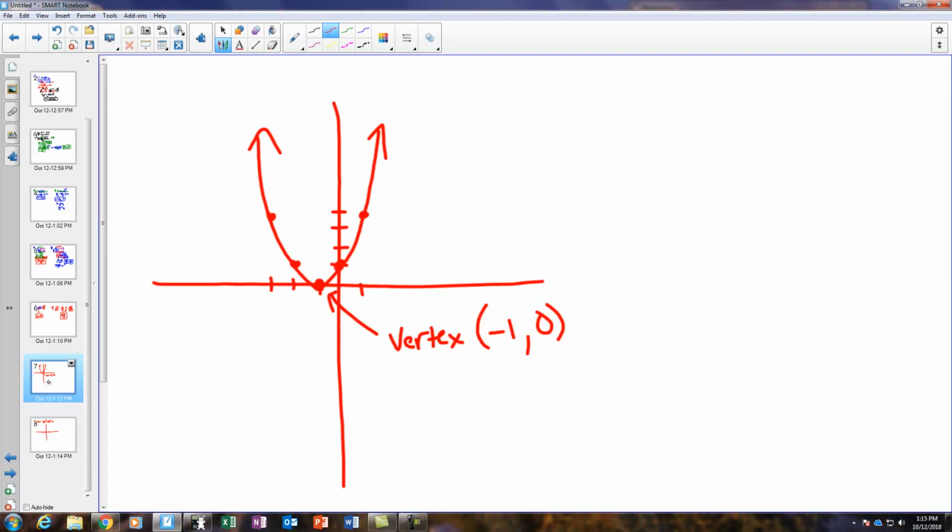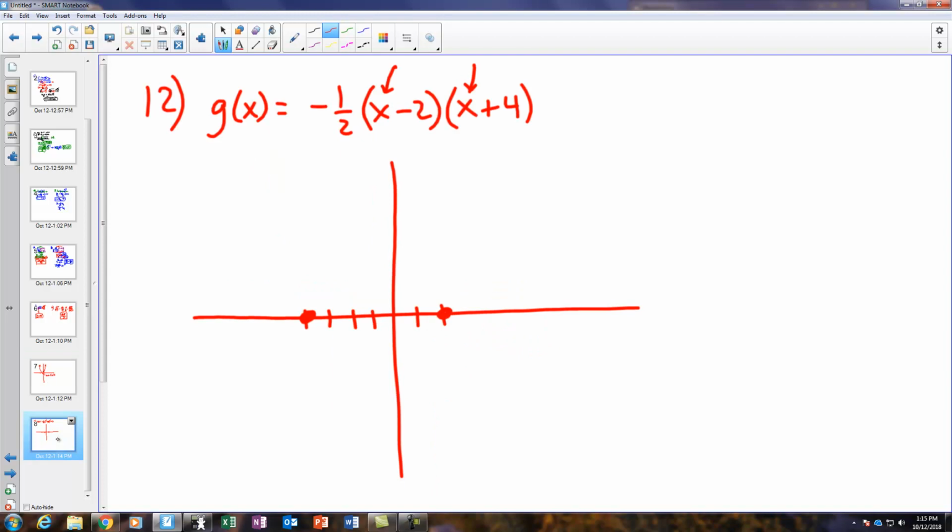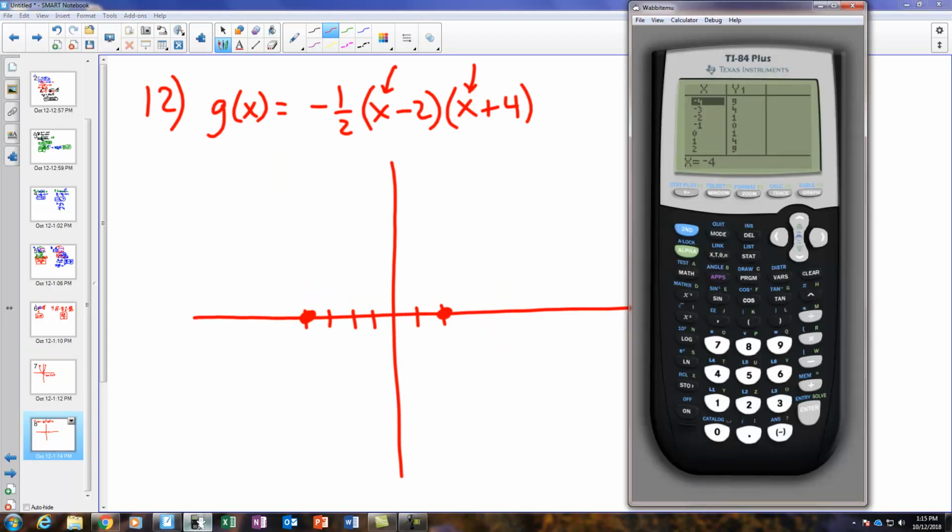Over here it turned out to only have 1, but on this problem there are 2 of them. And when we graph it in the calculator, we should be able to find those 2 points if we were looking for them. Let's clear that out and do negative 0.5 parentheses x minus 2 parentheses x plus 4. You do need to be comfortable with graphing using the calculator. And sure enough, look at that, negative 4, positive 2. I see it's crossing there.